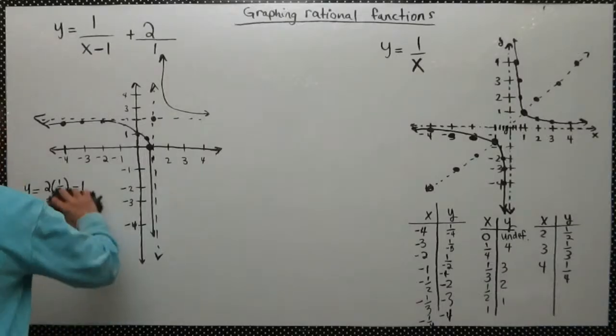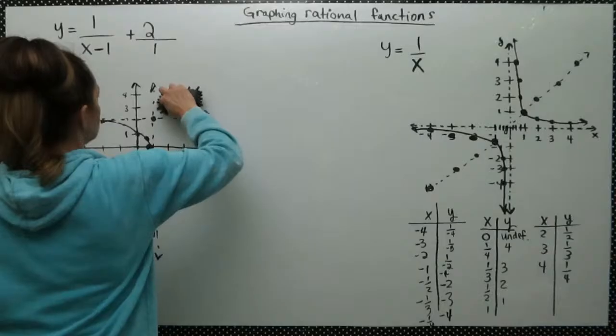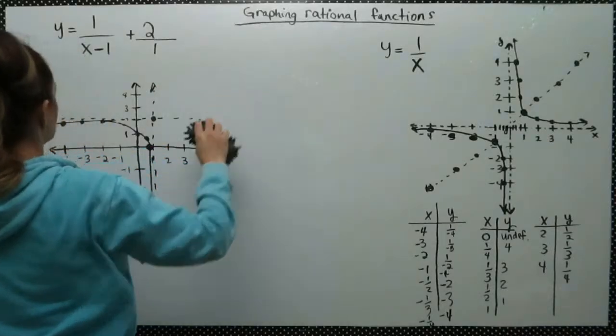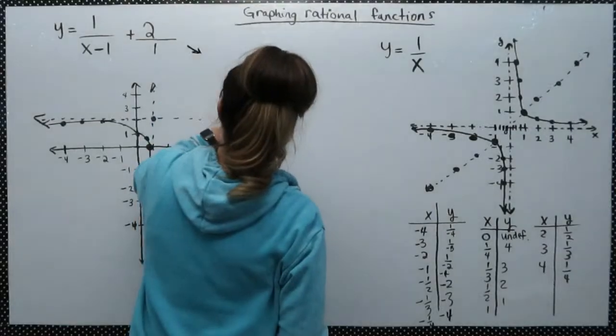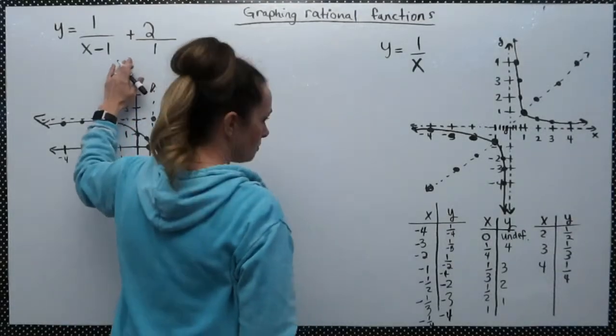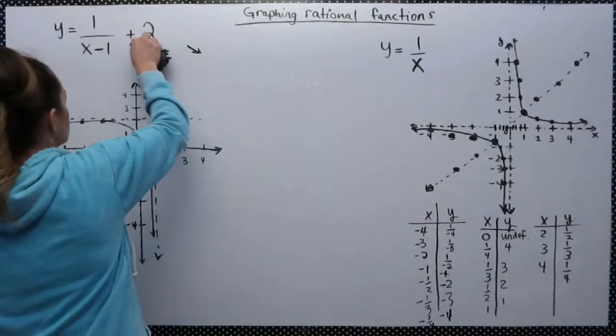So for the asymptotes, if you're wanting to state asymptotes for this graph right here, you're going to have to change it to its polynomial form. Okay, so that's +2.